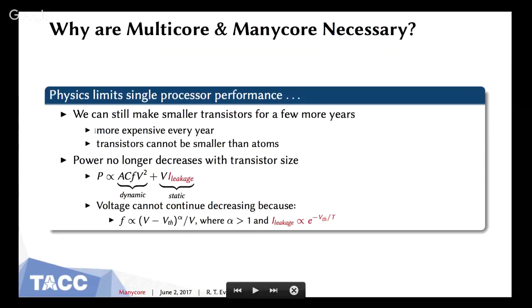Yes? Why doesn't that leakage current just make it not work? I don't think it's large enough to, I mean, we're not losing enough power to stop it from working. So, okay, I should repeat the question. The question was, why does that leakage term stop the processor from working? I don't think it's on the order of the power term.